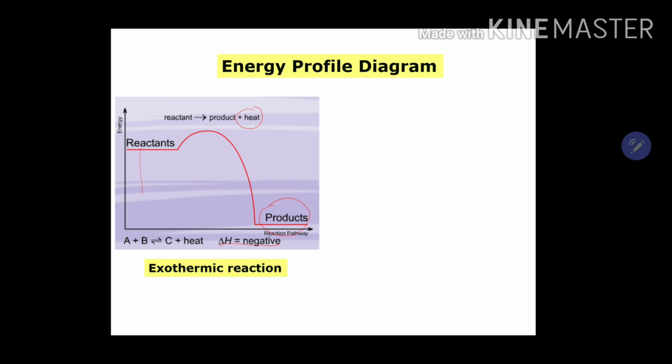We can calculate the change of enthalpy by using the formula: enthalpy of product minus the enthalpy of reactant. Because the enthalpy of product is less than the enthalpy of reactant, that's why the change of enthalpy is negative.